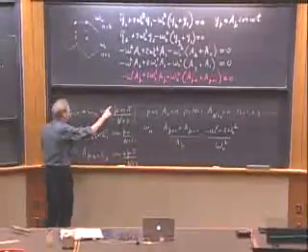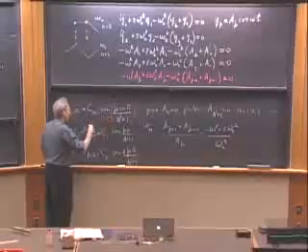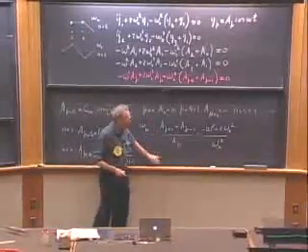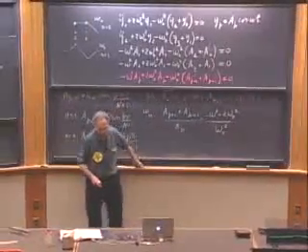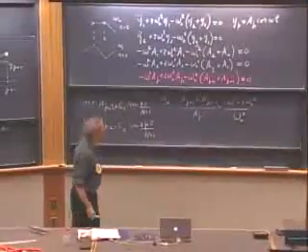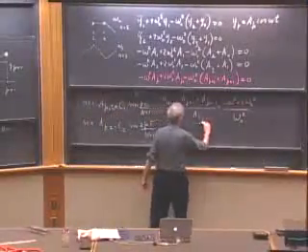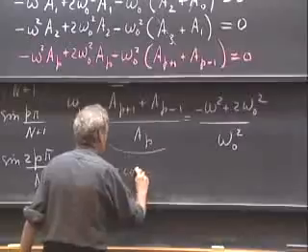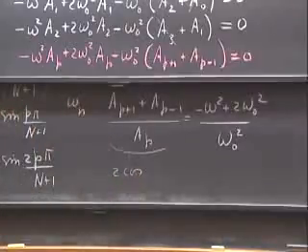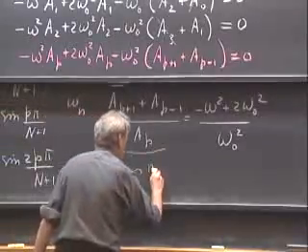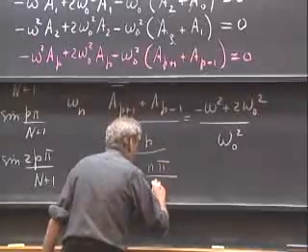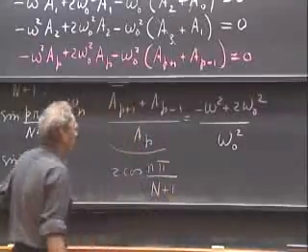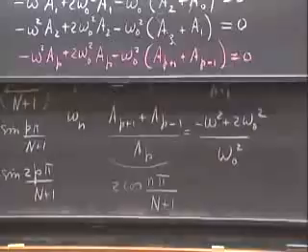And so you can now massage the trigonometry, and you can find that this ratio is very simple. It's twice the cosine. So this whole thing is twice the cosine of n pi over n plus 1. That is correct. N pi over n plus 1. So there's no physics there. It's purely a matter of trigonometry.